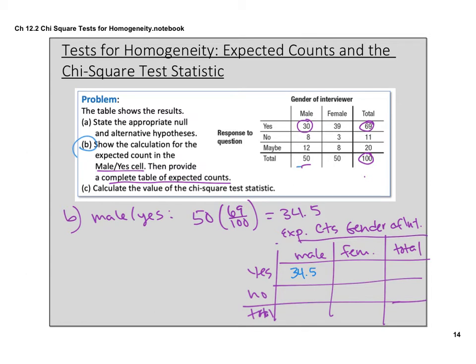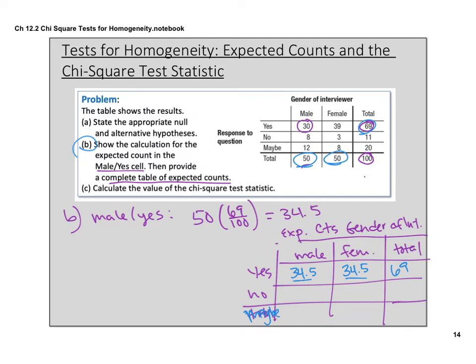And lucky for us, we have an equal number of male interviewers as we do female interviewers. So that means this one is also 34.5. And if you add 34.5 plus 34.5, you get that total of 69. So that one's good. Now let's look at the next one. Oh, I missed the maybe row. Sorry. I'll put my maybe row there.